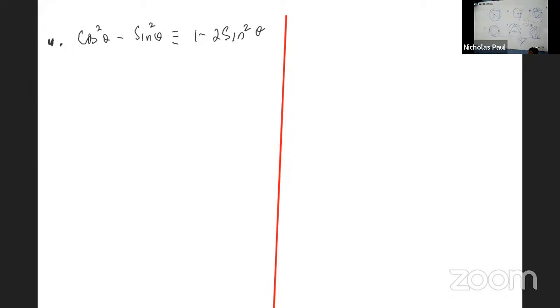So the only hint I can give you is that on the left hand side, there's that cos squared. On the right hand side, there's no cos squared. So you have to find a way to get rid of cos squared and bring in sine squared.